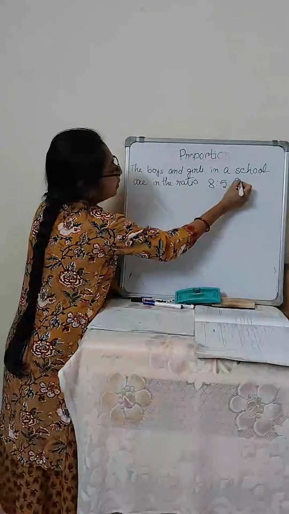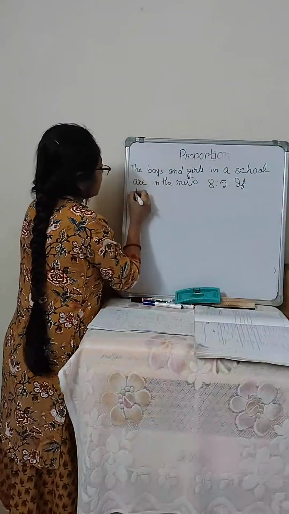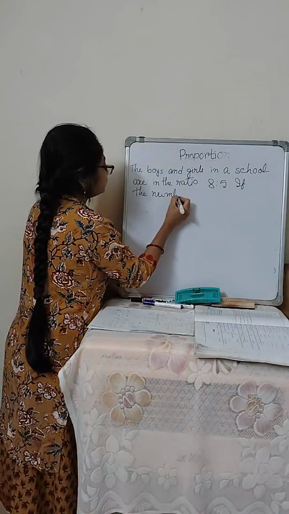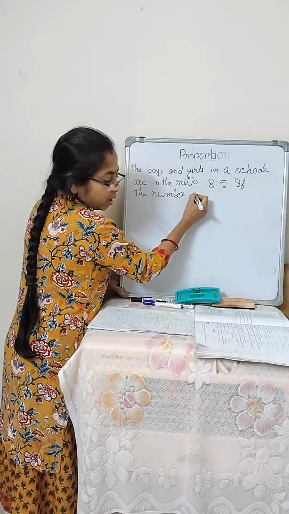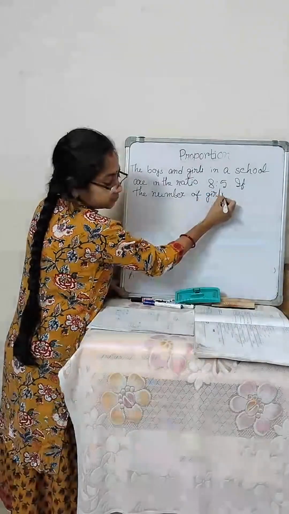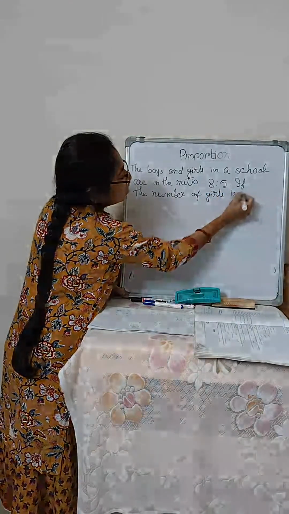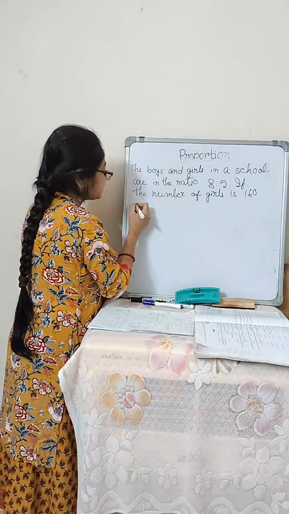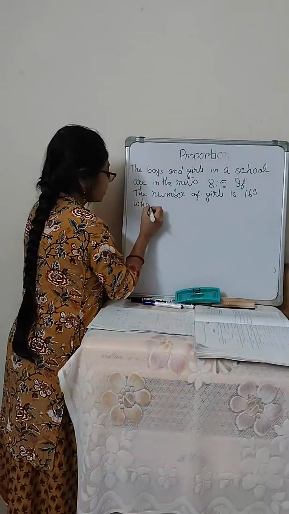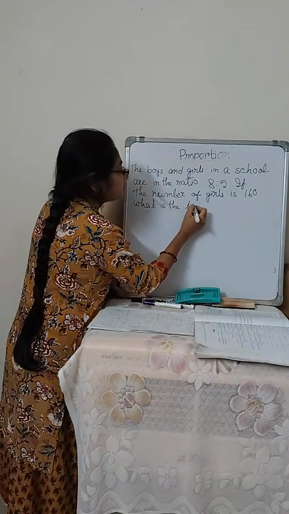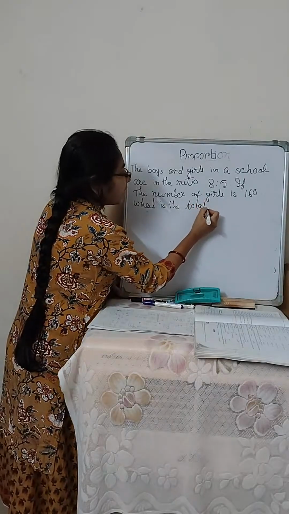If the number of girls is 160, what is the total strength?